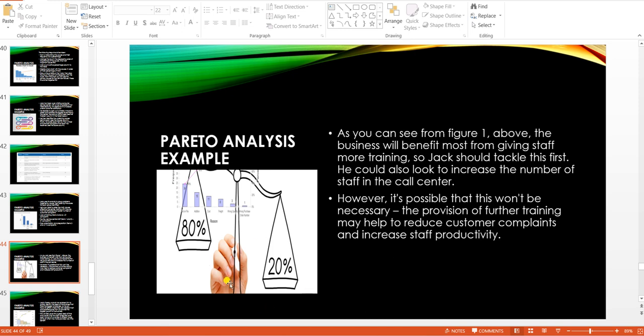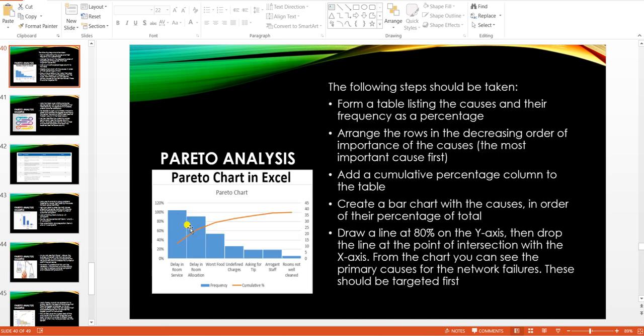Remember that the Pareto technique is your 80-20 rule, and it should be depicted according to your causes and based on the table that you have managed to populate. As you can see, this table is in relation to the 80-20 rule.